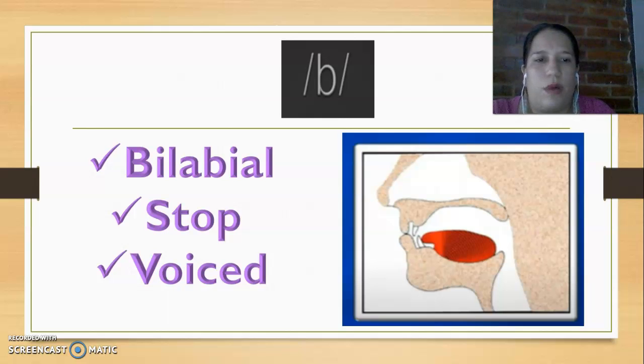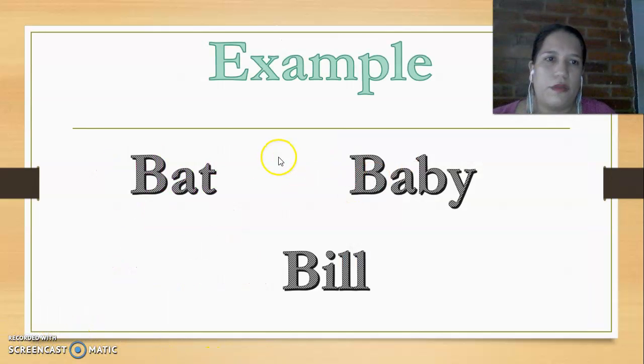Also, the sound is voiced, that is to say that it is a vibrating sound. The vibration begins at the vocal cords, and it is also felt between the lips. For example, bat, baby, bill.